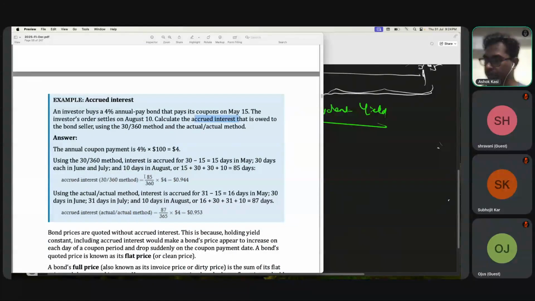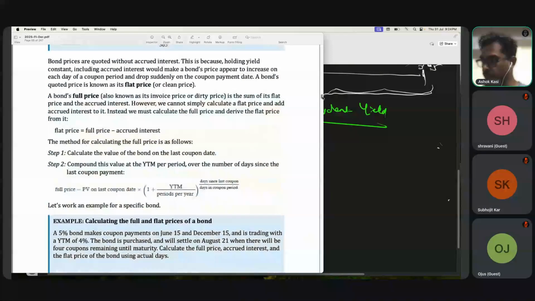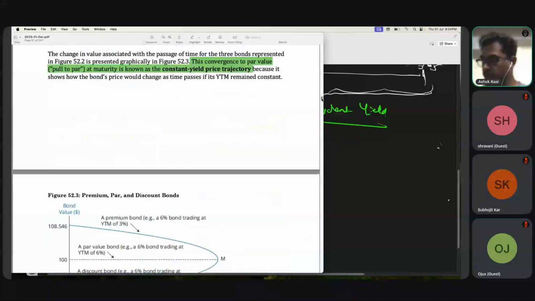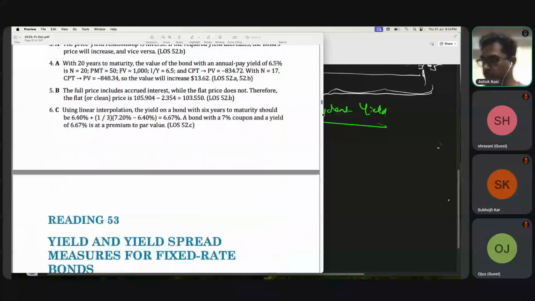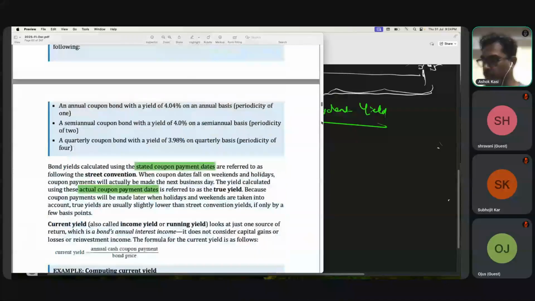There is no compounding; just proportionately we are calculating accrued interest. Same way, this word is inspired from there only.